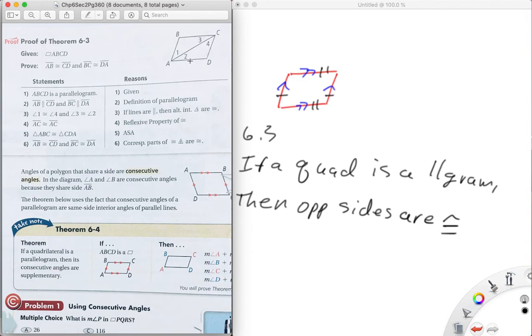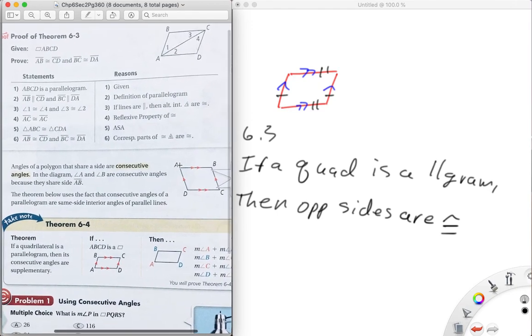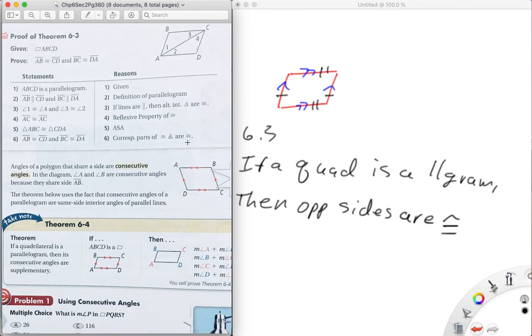Then both triangles are congruent because of angle side angle. So any corresponding parts are congruent as well. BC would be congruent to AD, and AB would be congruent to CD. It's a 6-step proof, but I'm not going to require you to know that. But there are some proofs I do want you to be familiar with, and we'll go over one or two today and some more the next time we meet, I think.